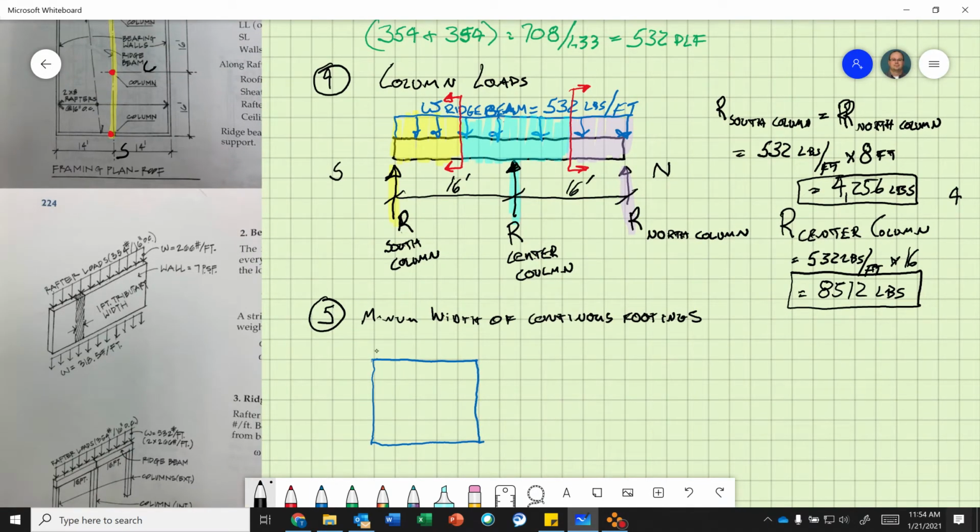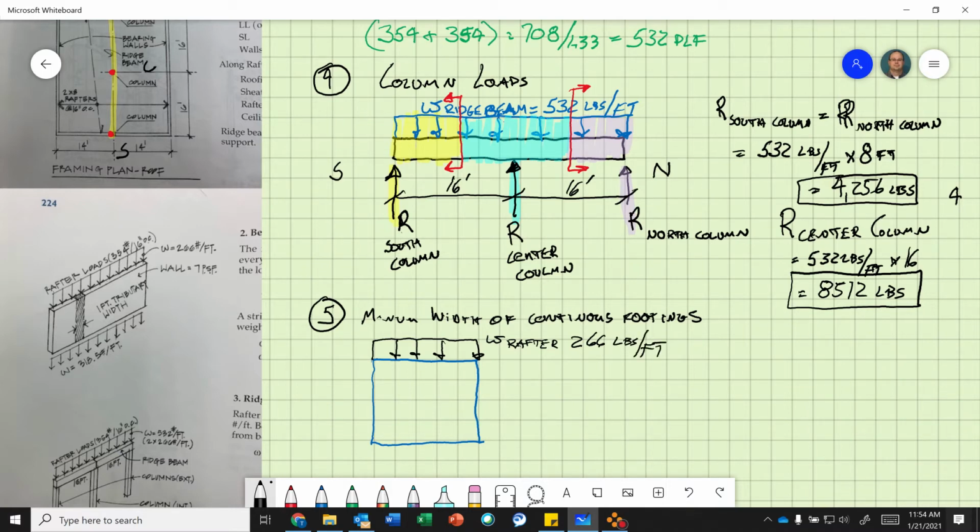We know on top of that wall we have our line load from the rafters of 266 pounds per foot.